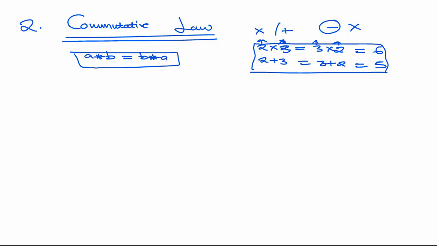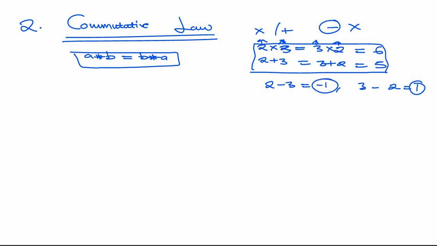And this is true because if we say 2 minus 3, we get negative 1, but 3 minus 2, we get 1, of which 1 and negative 1 are not equal. So subtraction is not commutative, but addition and multiplication are commutative. This is what you need to understand.